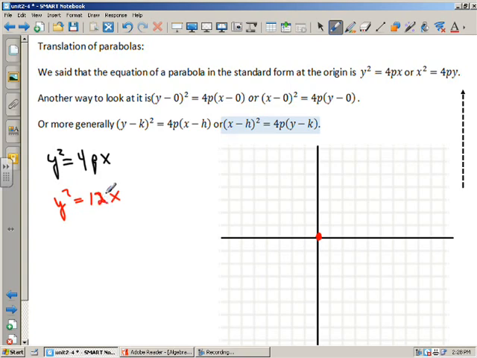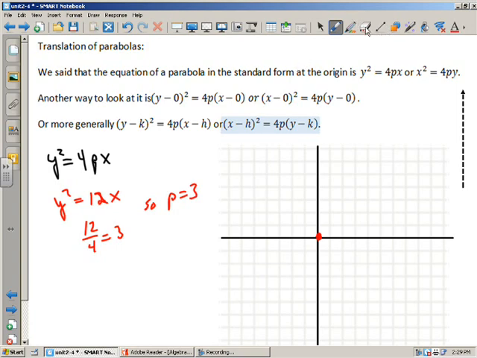Well, the first thing we want to know is what's p? Well, all you do is you take the coefficient that's in front of your x term and you divide it by 4. So 12 divided by 4 equals 3. Okay, so p equals 3.